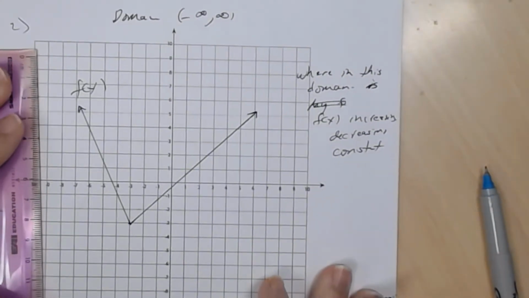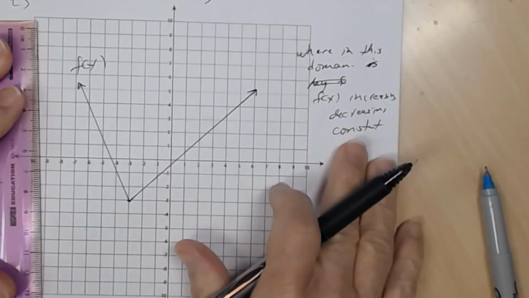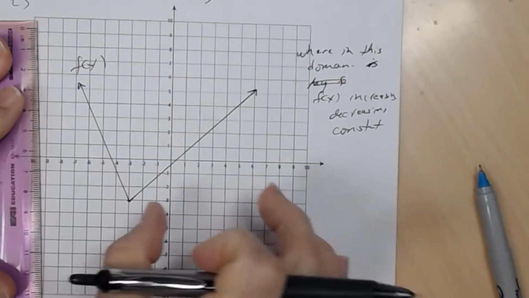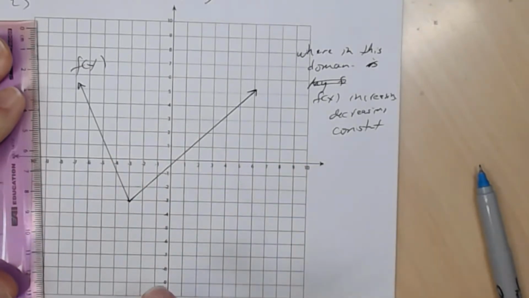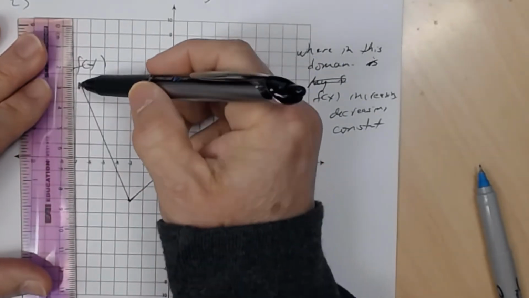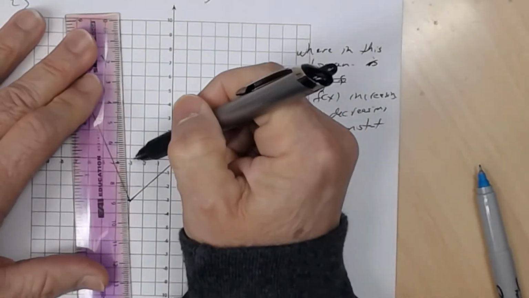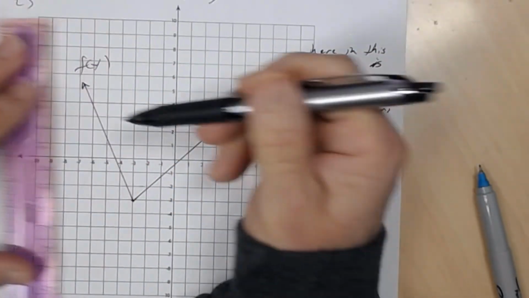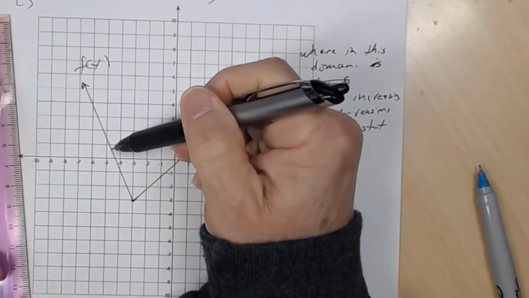Okay? All right. So first of all, is it constant anywhere? Do you see a horizontal segment anywhere, or a horizontal ray, or horizontal line, whatever you may indicate it as? No, you don't. All right. So as I go from negative infinity to this right here, I'm asking you to look at this. As you go from left to right, what are these y values doing? They are decreasing.